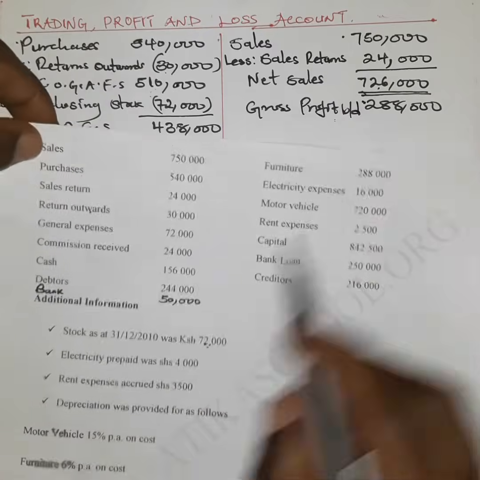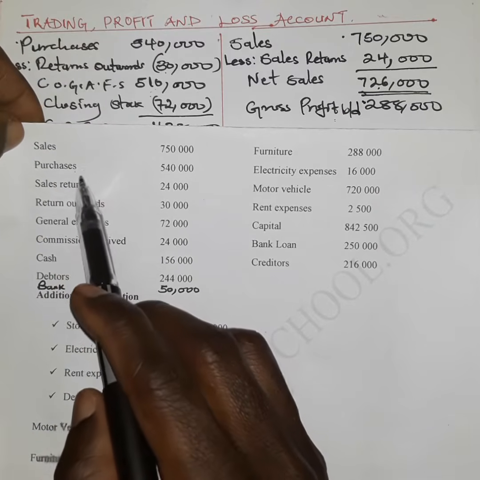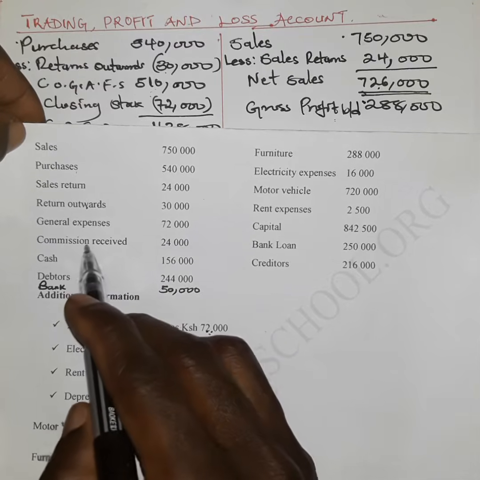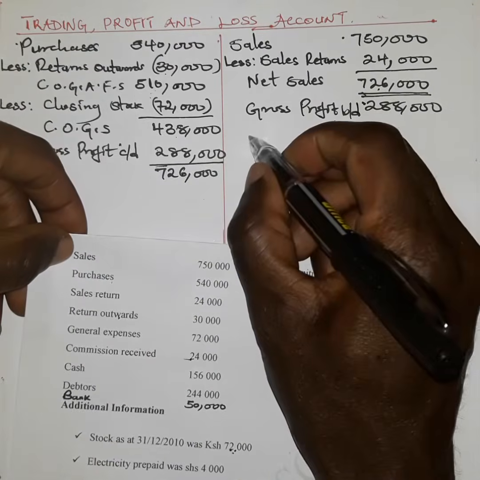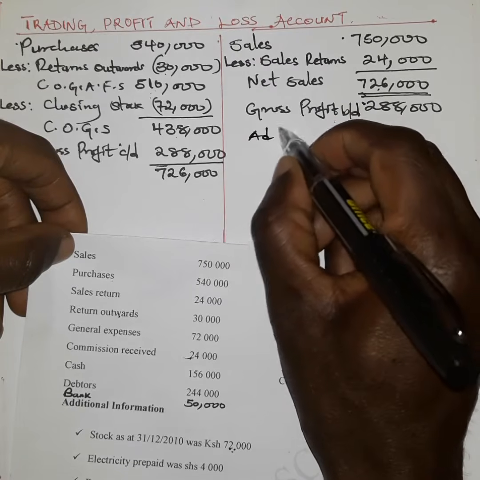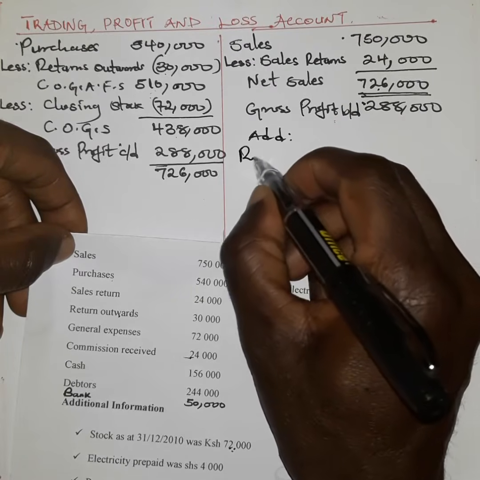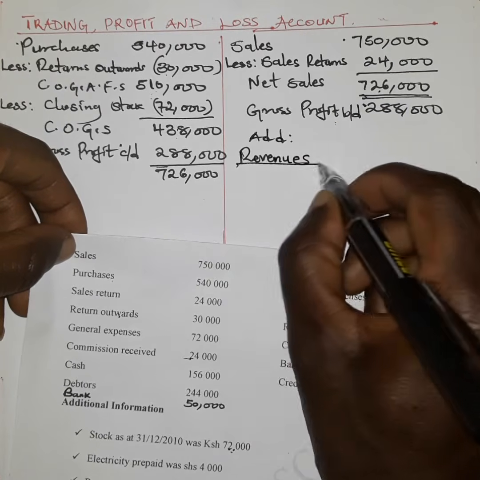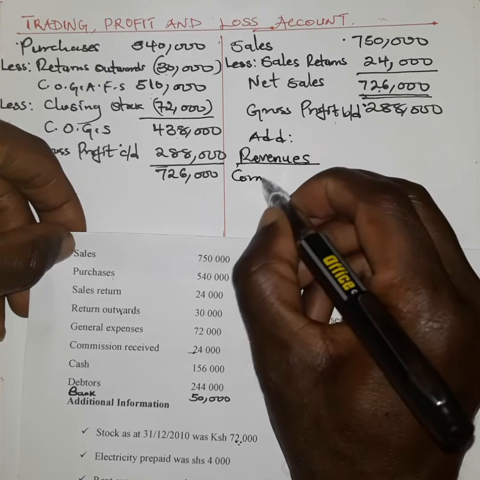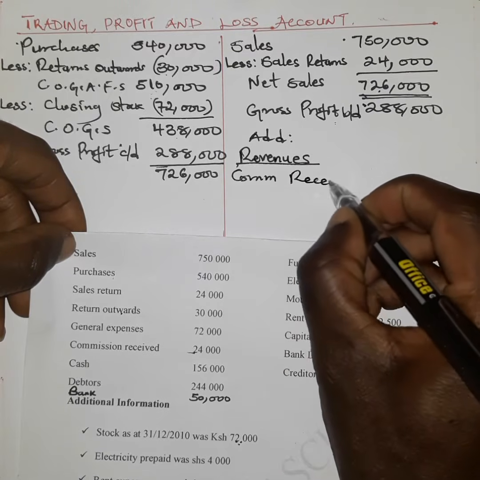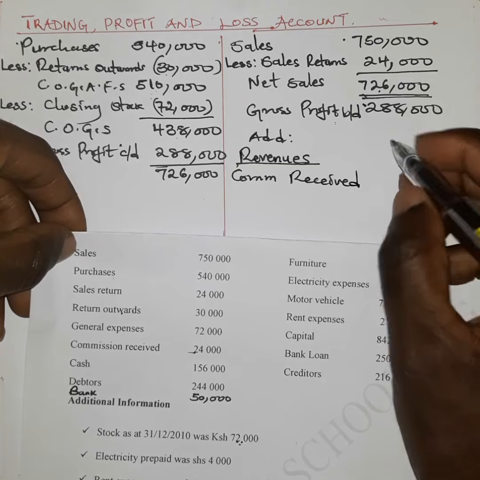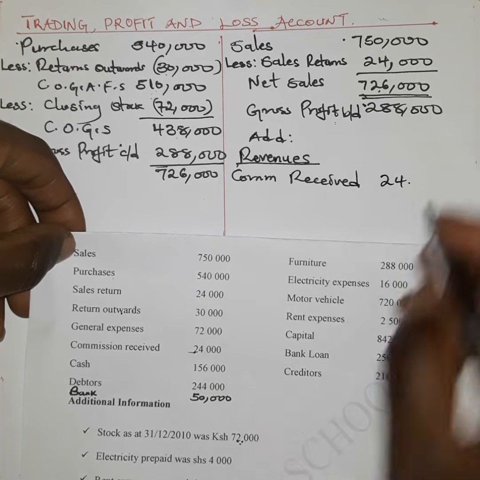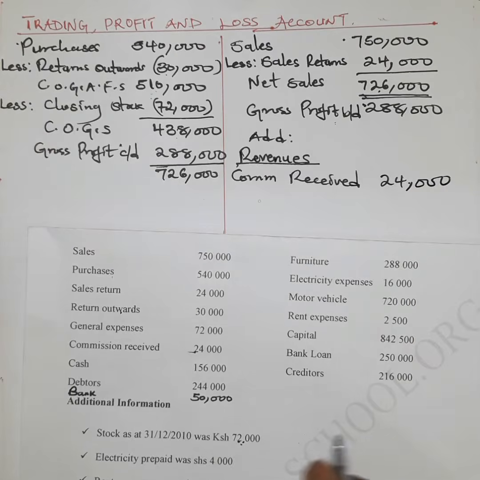We are supposed to add revenue, and from our working, we can see that the first one is commission received. So we add revenues. The first one is commission received, which is an amount of 24,000 as given.